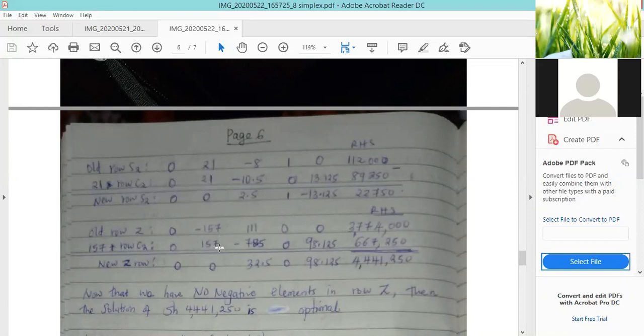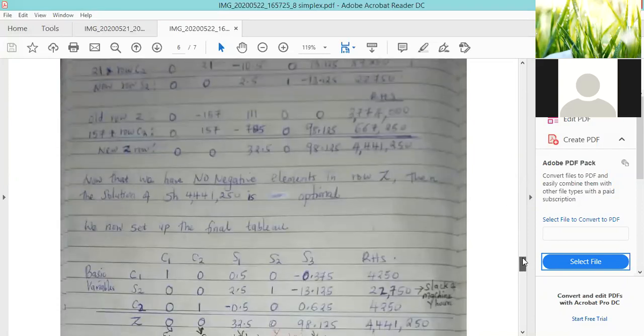And the same I've done to my row Z. Row Z, I had 0 minus 157. This is what we want to convert to be 0 at the end of the day. So on my C2, there was a corresponding element 1 here.